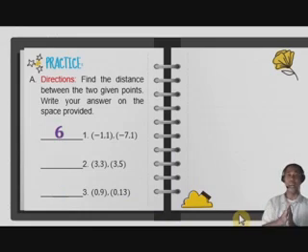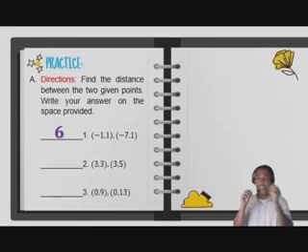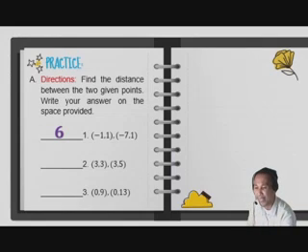Ayun, ang sagot doon ay 6. Ayan. Bakit naging 6 yon? Try nga natin. Solve natin mentally. So, we have here negative 7 minus negative 1. That is negative 6. And then, 1 minus 1 is 0. So, negative 6 square.